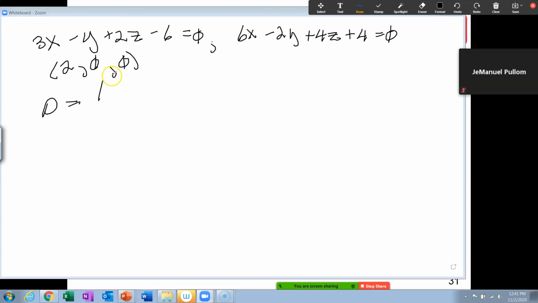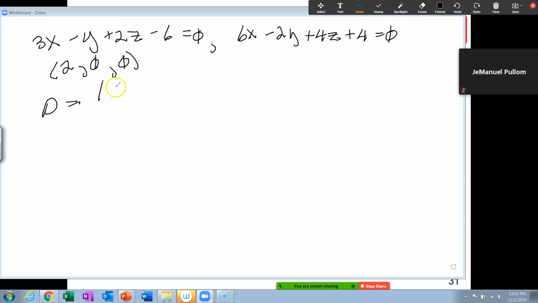It really doesn't matter too much, except you have to make sure that your x0, y0, z0 is a point that's off the second plane. It's on the first plane, not on the second plane.